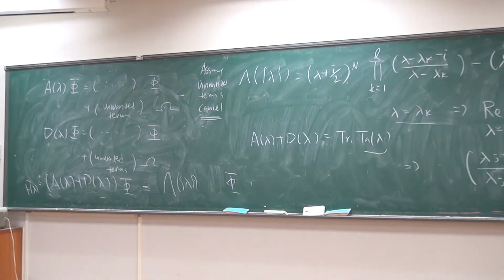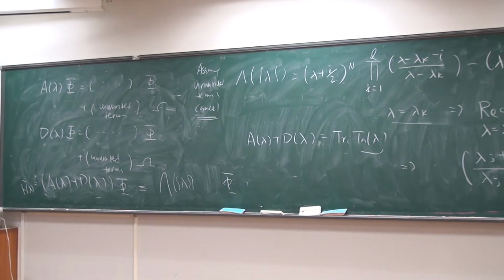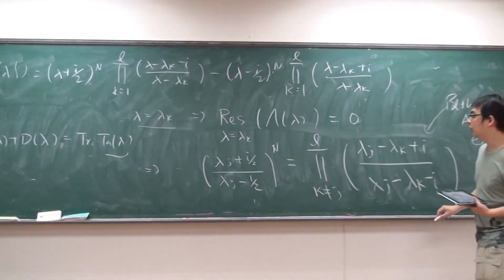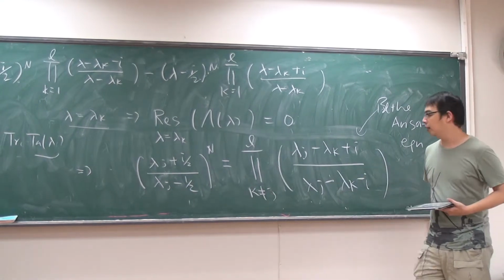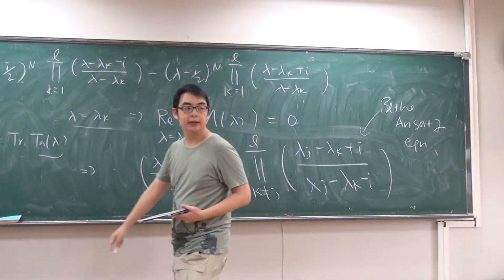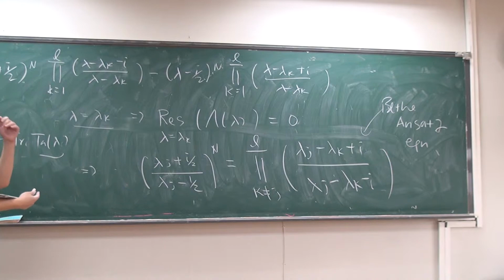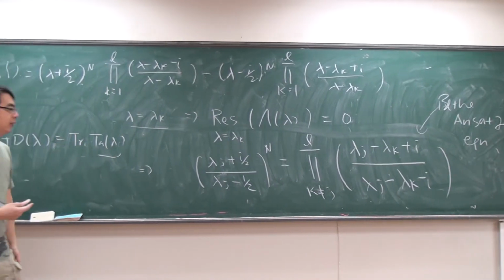So basically the task of finding the eigenstate for your spin chain system boils down to finding the solution to this Bethe Ansatz equation and what the appropriate λ_j and λ_k's actually are. And there are many ways to solve this equation.